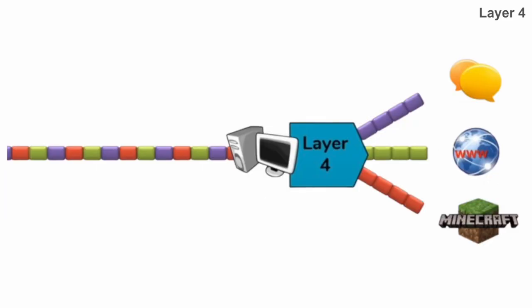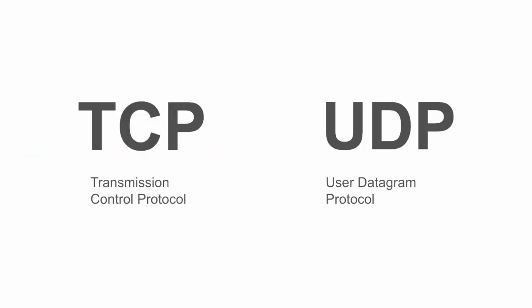Now, in networking terms, a computer receives tons and tons of data. Layer 4 will make sure that the right data goes to the right application. So it makes sure that the gaming data goes to the game, the web data goes to the web browser, and the messaging data goes to the messaging application. Now for layer 4 to be able to send this data to a specific application, it uses two protocols, TCP and UDP.